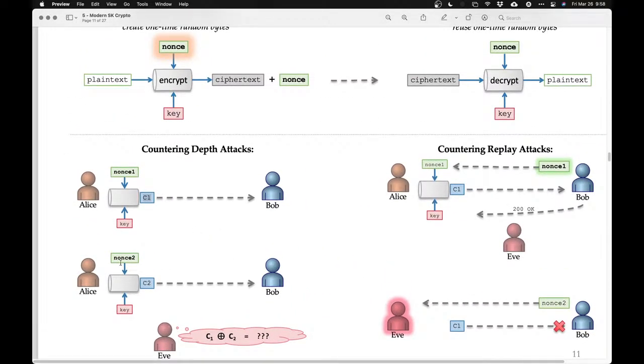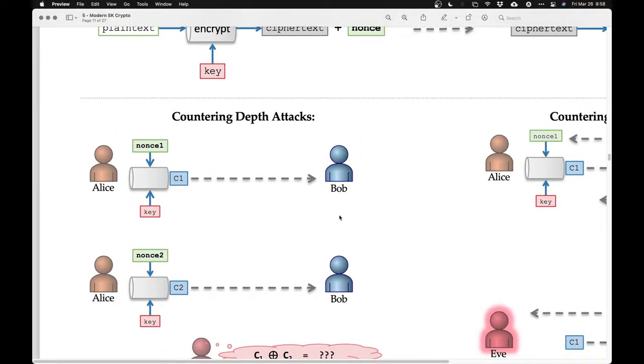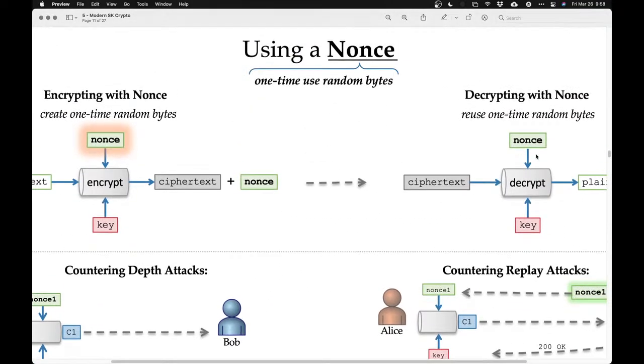However, she not only sends C1 to Bob, she also sends the nonce. So what gets sent to Bob is C1, the ciphertext, and also the nonce. Bob knows the key already, and now with the key, the ciphertext, and the nonce, Bob can decrypt it.